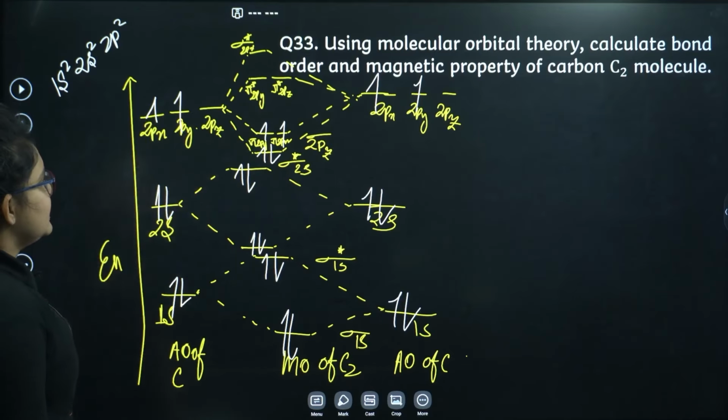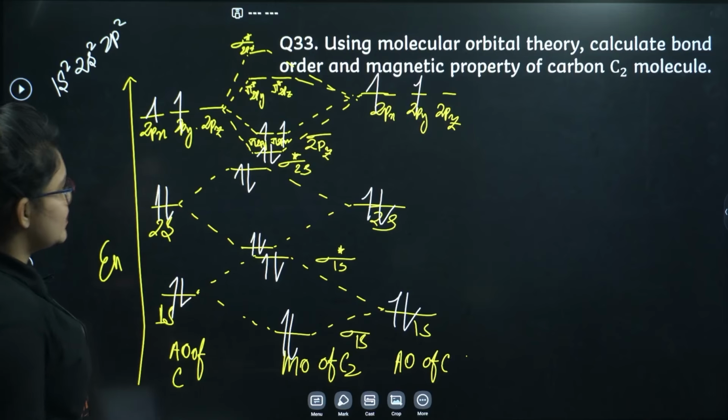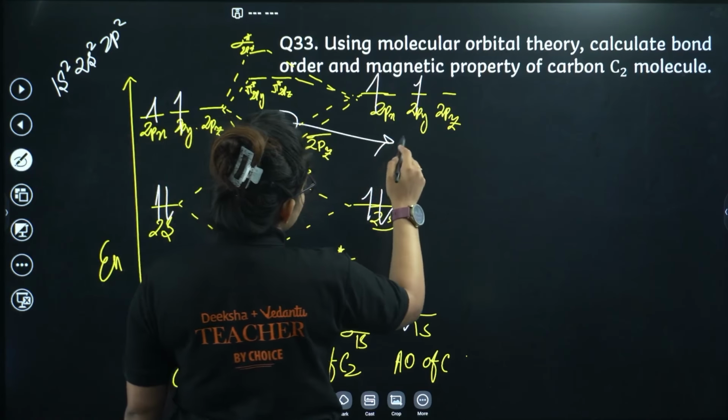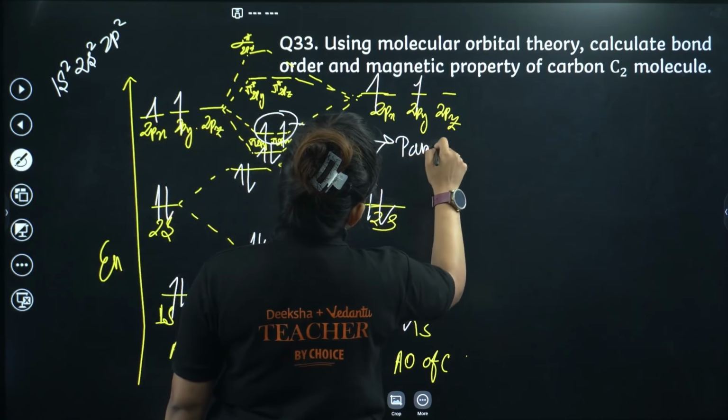So you can say that C2 overall comes as pi 2px, pi 2py. It has no unpaired electron, hence it is diamagnetic in nature.